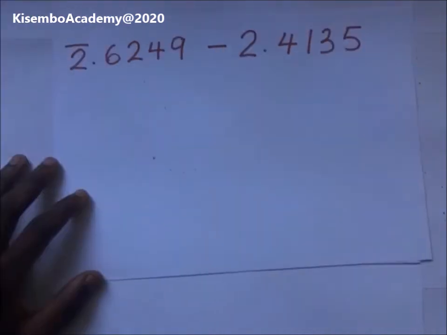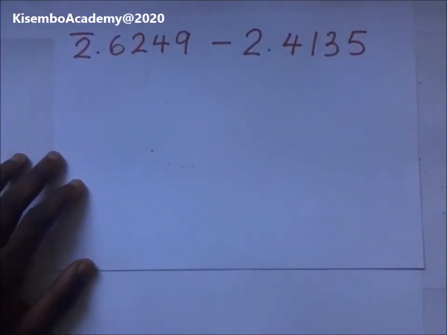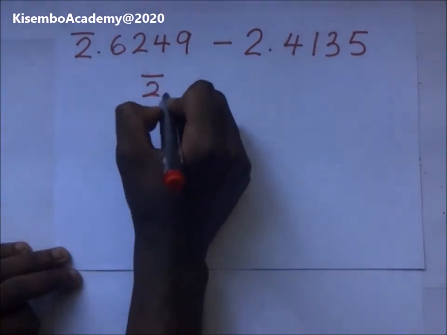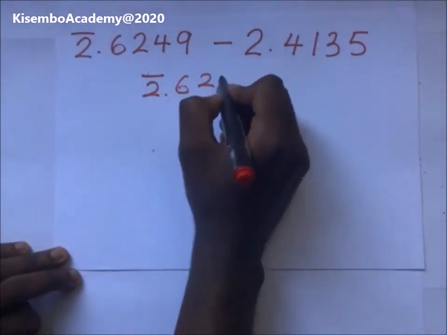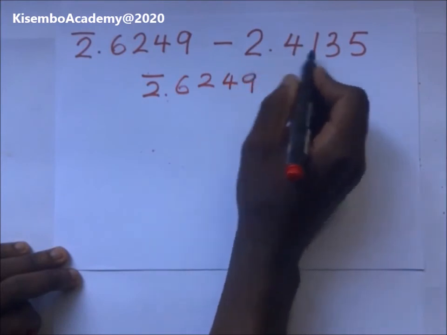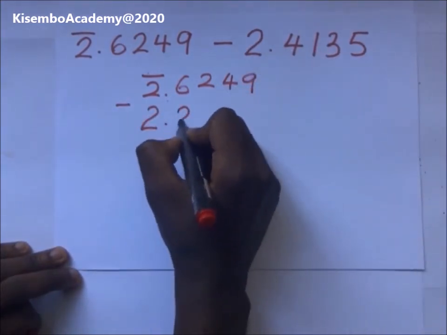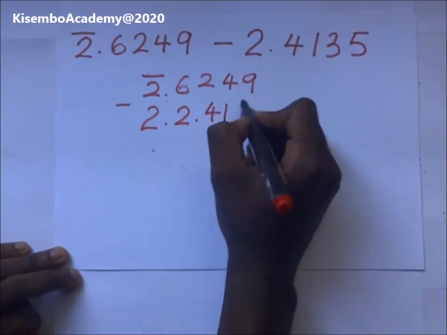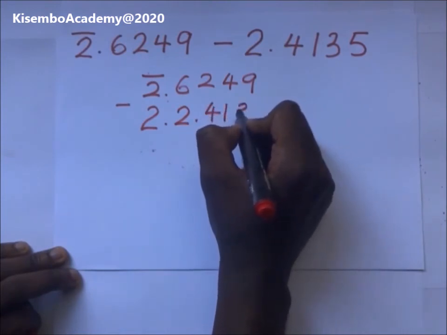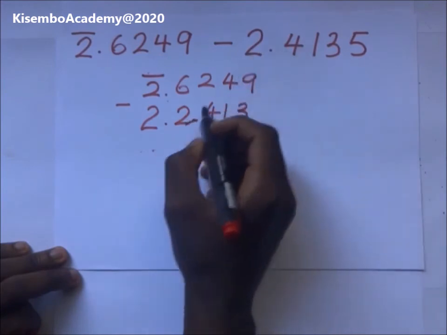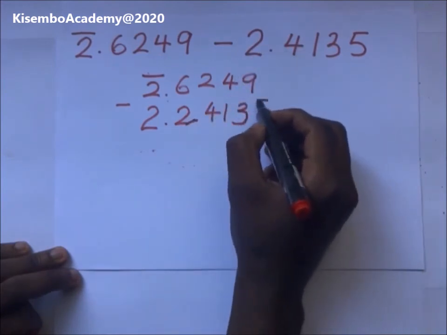Next, we have now subtraction of the characteristic and mantissa of these log forms. So here we shall say it is 2.6249 minus this 2.4135.